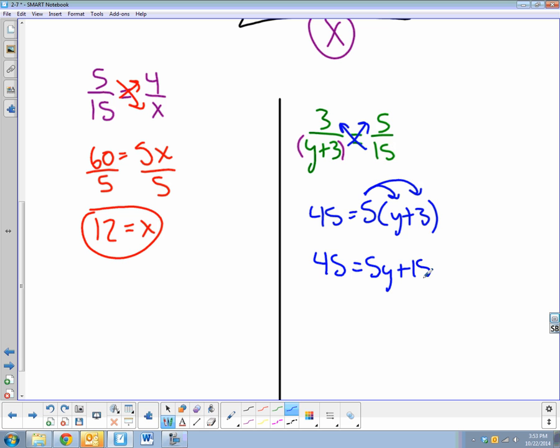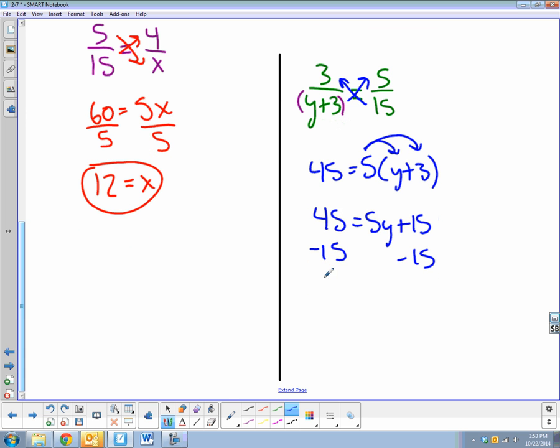Now I can solve for y. I subtract 15 from both sides, and I'm going to get 30 equals 5y. I'm almost done. I divide both sides by 5 to get y by itself, and I see that 6 equals y.